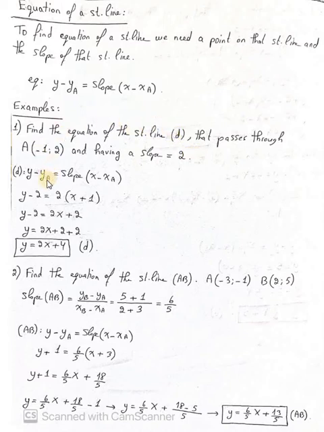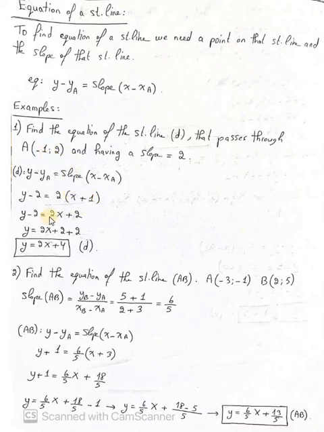So directly using the rule y minus y of a equals slope into x minus x of a. We have y of a, we have x of a, and we have the slope. So y minus 2 equals slope, which is also 2, into x minus minus 1, which is plus 1.